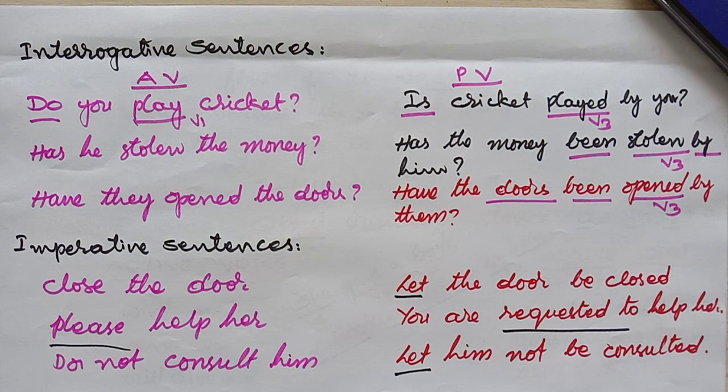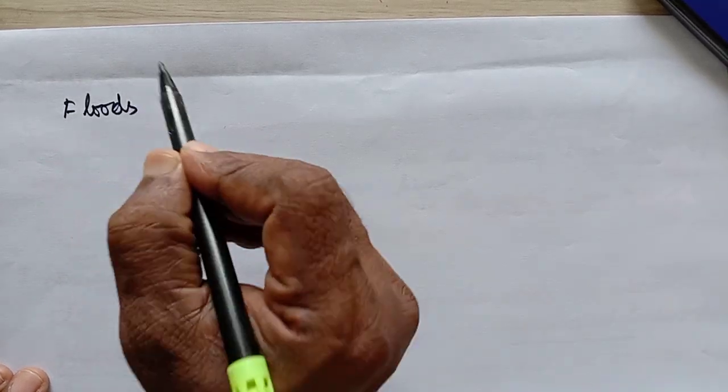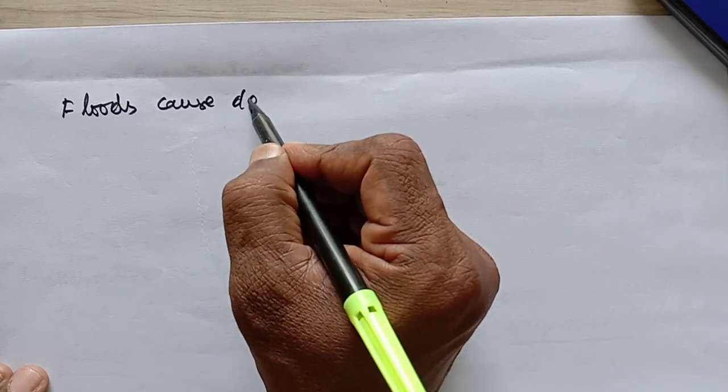Okay, students. Now, coming to the next topic, that is how to convert sentences from active into passive. Now, I'll write active voice sentences like this. Floods cause damage.